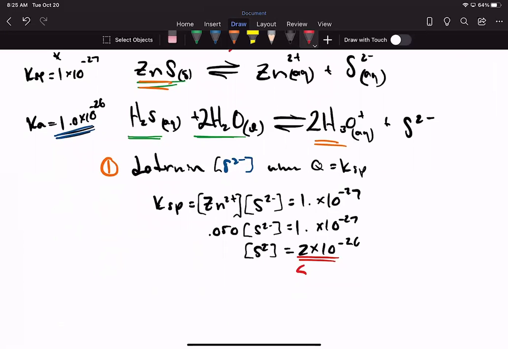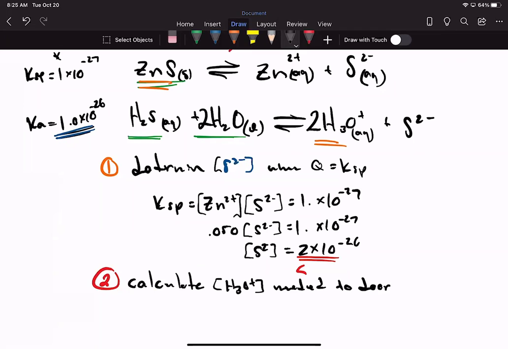All right, so now let's look at our other reaction. What do we have here? For part two, let's calculate the concentration of hydronium needed to decrease this concentration, right? Because we have to bring that concentration down in order to have this shift to the right.